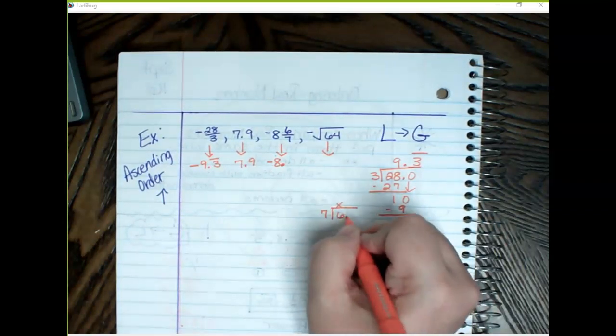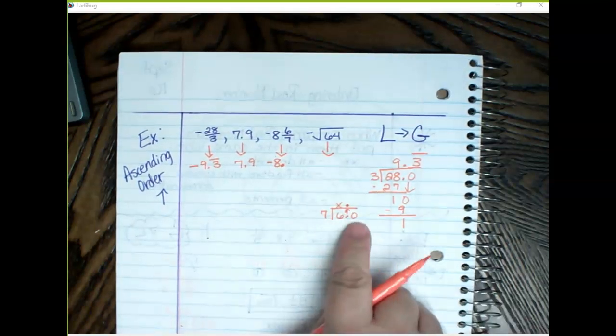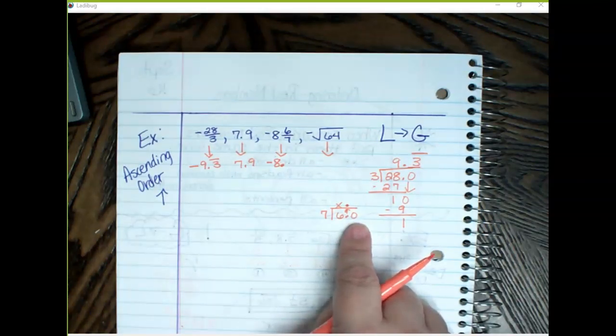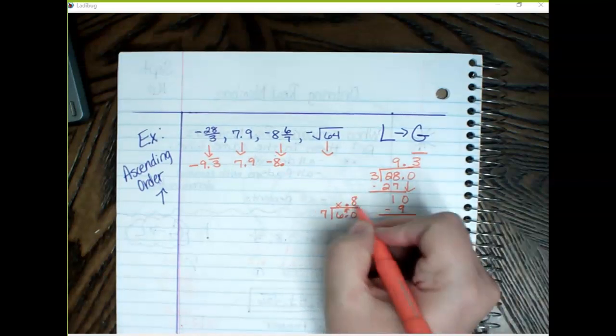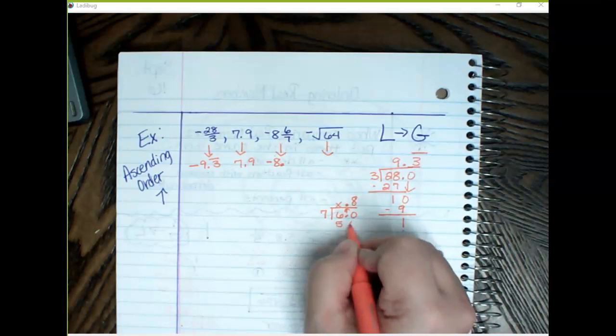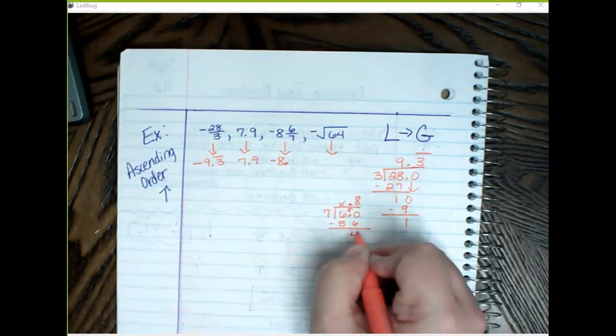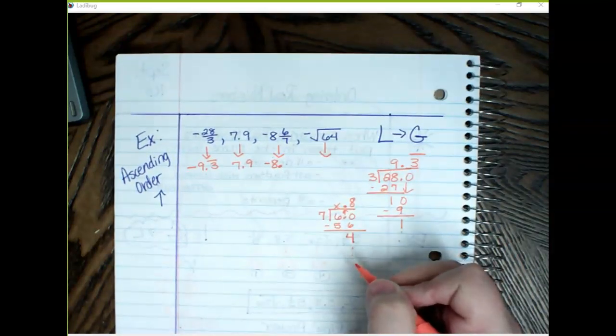Nope. Decimal 0, bring my decimal up. 7 goes into 60 how many times? 7 times what gets me as close to 60? 8. Because 7 times 8 is 56. I have a remainder of 4.